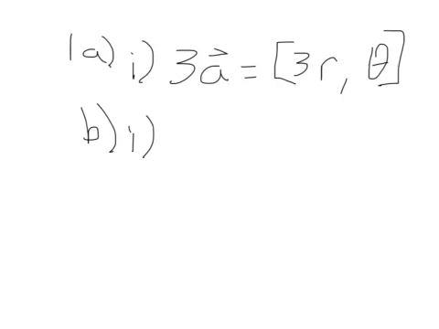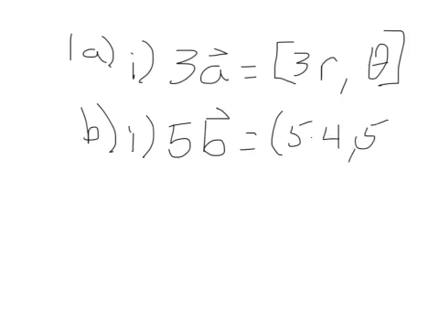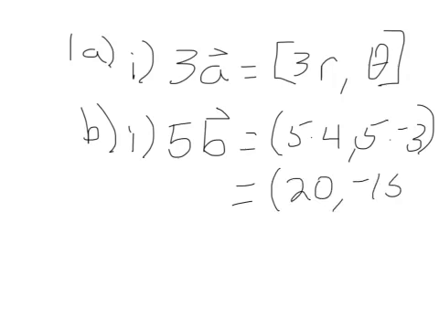Therefore, in part 1, 5 times vector b is going to be equal to a vector that is 5 times as long, meaning the components of the vector, or the coordinates of b, 4, negative 3, need to be 5 times as long. 5 times 4, comma 5 times a negative 3, which is equal to 20, comma negative 15. Now complete parts 2, 3, and 4 for part B.